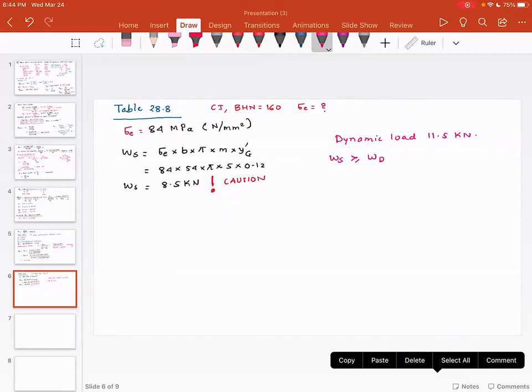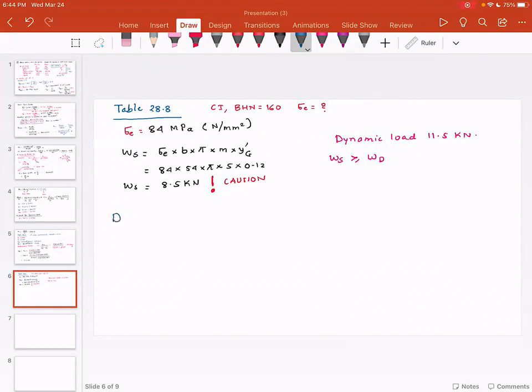So what do we do? Now there are multiple ways this problem can be solved. But unfortunately, in this particular problem, there are a lot of constraints.